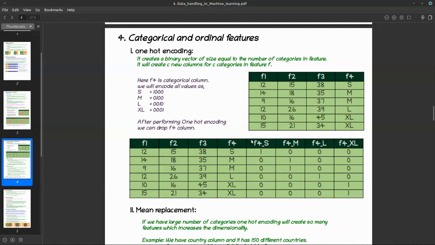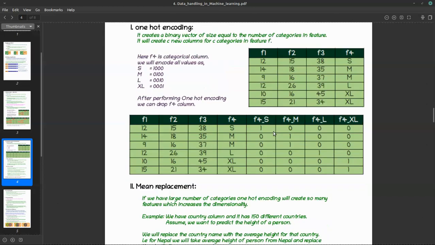Categorical or ordinal features. What do categorical and ordinal features mean? If you have categorical data like country, gender, or color, or a rating, not in 1 2 3 4 5 but very good, good, average, poor, very poor, pathetic, like that, it's called a categorical or ordinal feature, other than a numerical feature, basically.